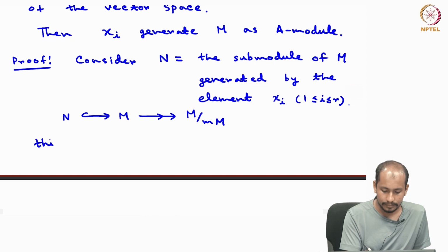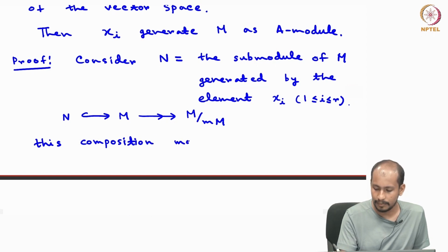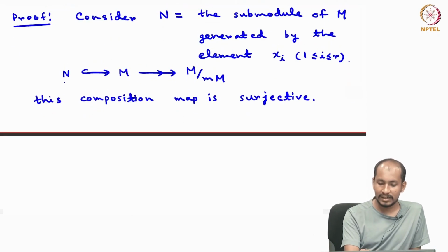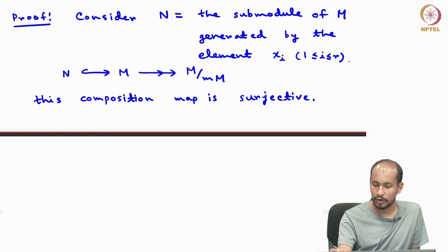This composition map is surjective. Why? Because all the x_i's are inside this submodule N, so their images generate M mod mM.